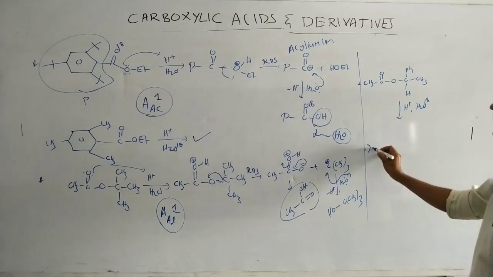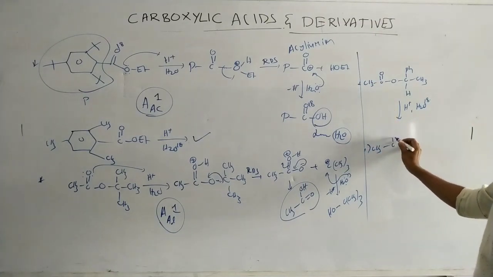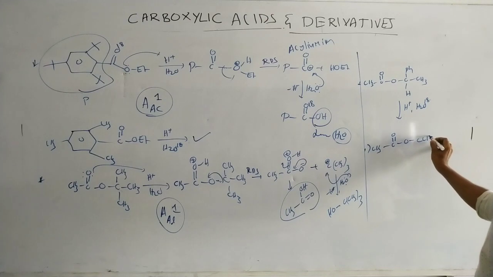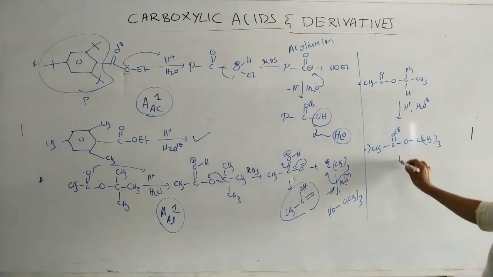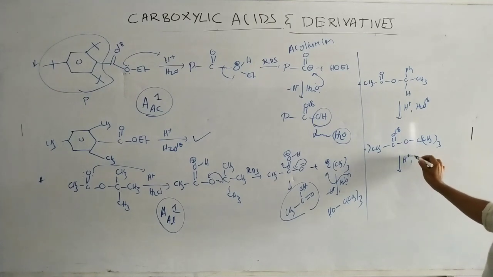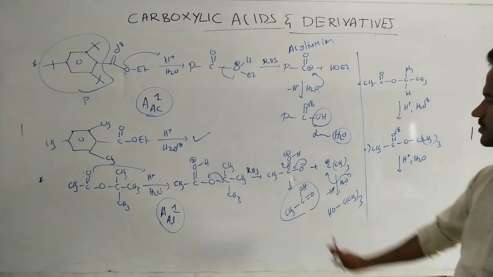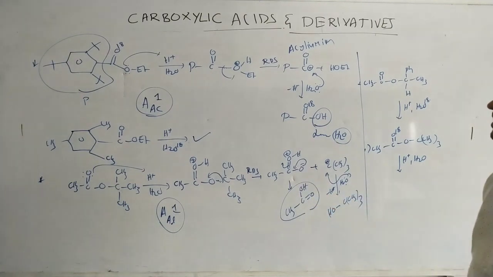And another example, CH3C double bond O, tertiary butyl, this one is the 18, and here H plus and H2O. In this case only a single product is possible from this one. It is ester hydrolysis in acid medium.